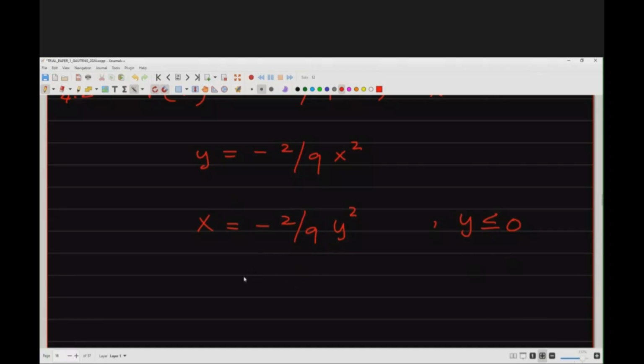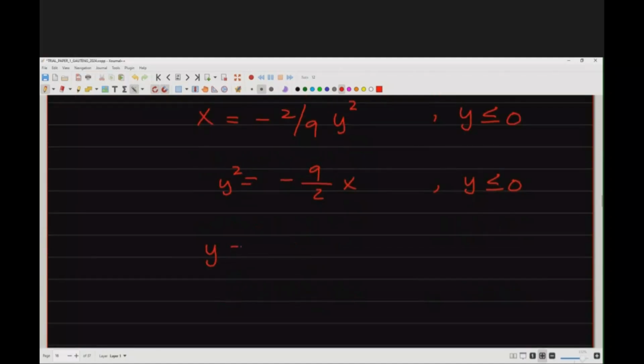And y squared here is going to be equal to -9 over 2 multiplied by x. And this is still for y less than or equal to 0.